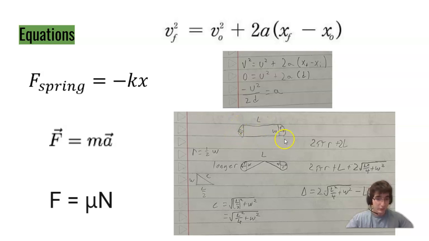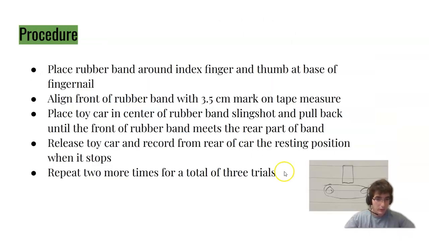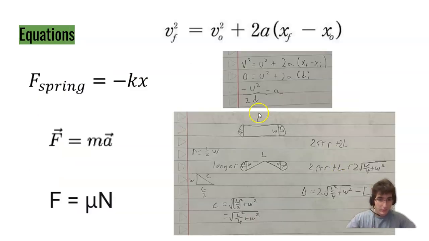So this is what I was talking about with the assumptions. If you can imagine, actually I can show you real quick. So if you have a rubber band with one finger here, so that my thumb, this is my index finger, I have found a perimeter using the length of this side and this side, the width here, and then the radius of my finger.